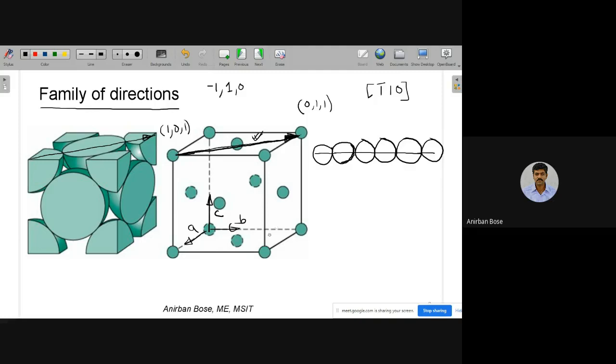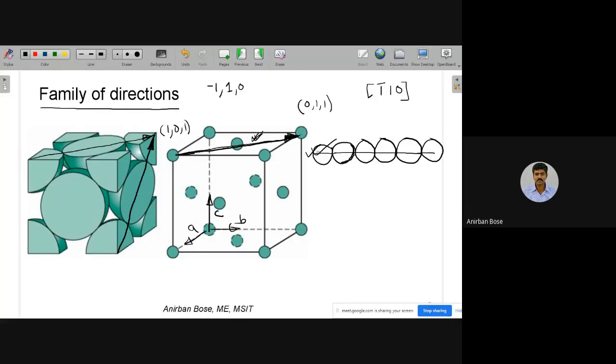Now you see what are the other directions which are having the similar physical condition. If we consider this direction, definitely the Miller indices of this direction is different from this one, right? So if you consider this particular direction, that is also exactly similar to this physical situation.